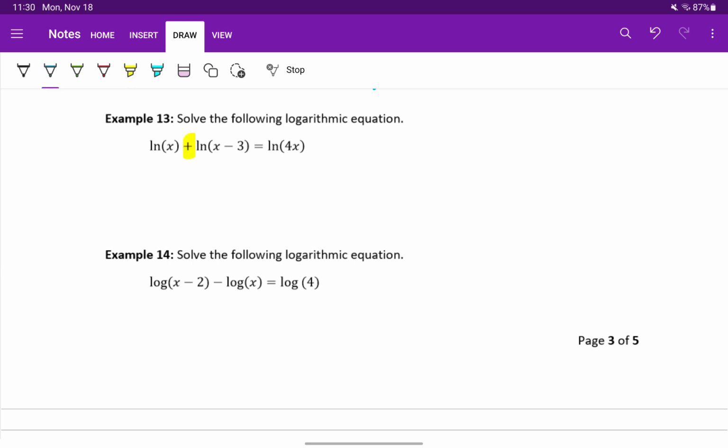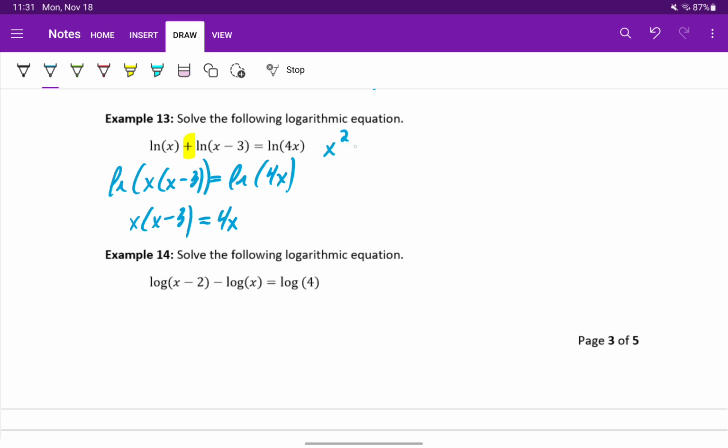Similarly, in example 13, we first need to condense the two expressions on the left-hand side. This will be the natural log of x times x minus 3 is equal to the natural log of 4x, which means we can set these two expressions on the inside equal to each other. The first thing we'll need to do is expand what we have on the left-hand side.